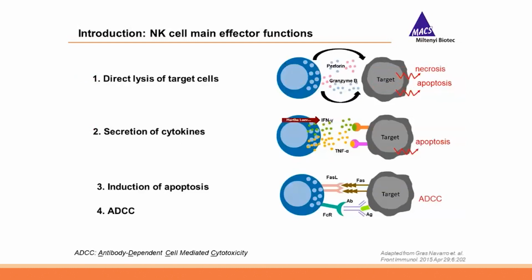They also induce apoptosis of the target cells by expressing death receptors like Fas ligand, and they perform antibody-dependent cell-mediated cytotoxicity. This means expressing CD16, which recognizes the Fc part of antibodies that are already bound to target cells. And this is a major mechanism of the normal therapeutic antibodies that we see.